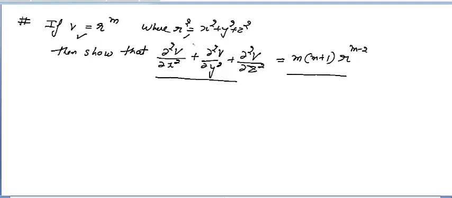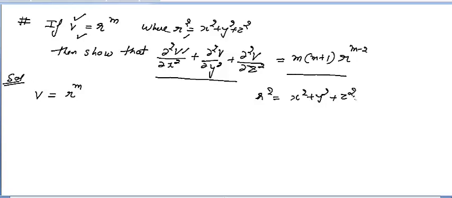First I will make the function, because the function is v. You have to differentiate v with respect to x, y, z 2 times. Now v is r raised to power m, and r square is equal to x square plus y square plus z square.